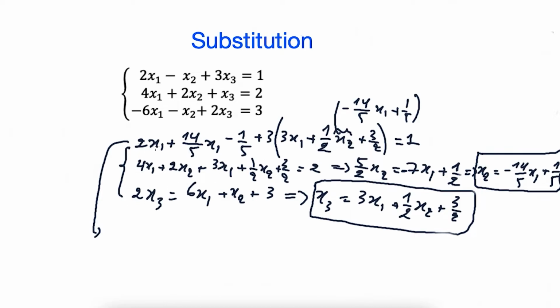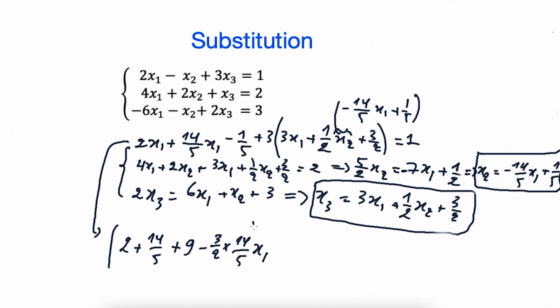So we collect x1 here and here and here, and also here. This will be 2 plus 14 over 5, plus 9 from 3 times 3, and 3 times 1/2 times minus 14 over 5 x1, which gives minus 3 over 2 times 14 over 5 x1.